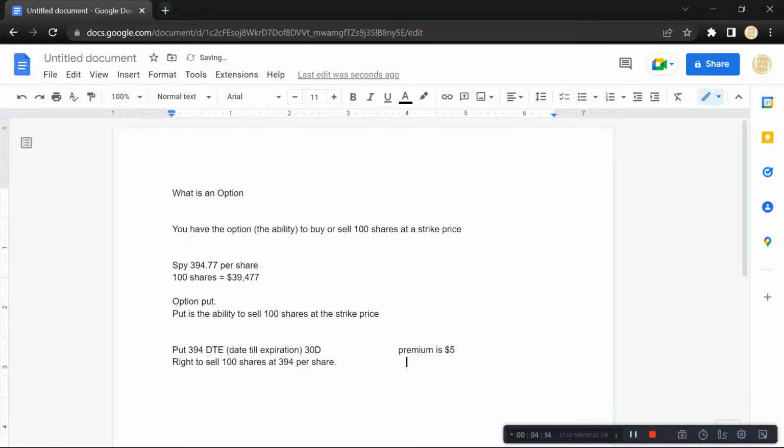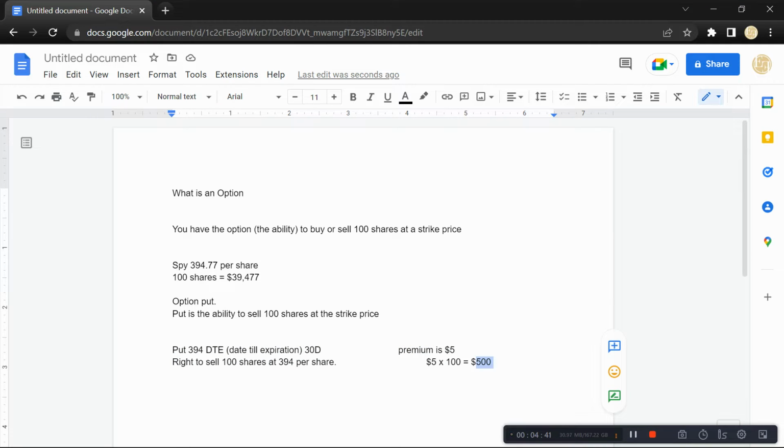So I don't get this contract for free, right? And there's a premium of $5. So right now, I owe $5 per share. So it's $5 times 100, which is going to equal $500. That's how much this contract is worth. This put is going to cost me $500.